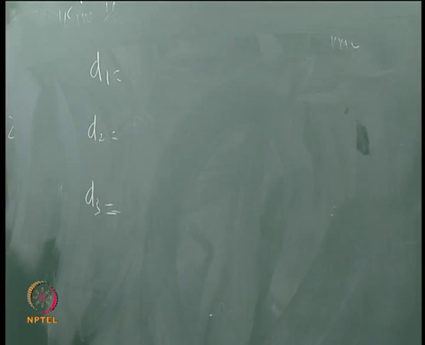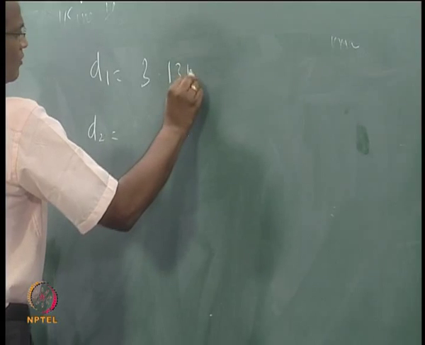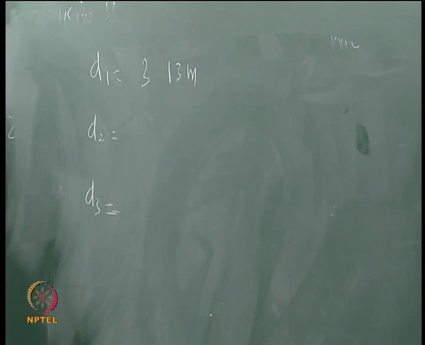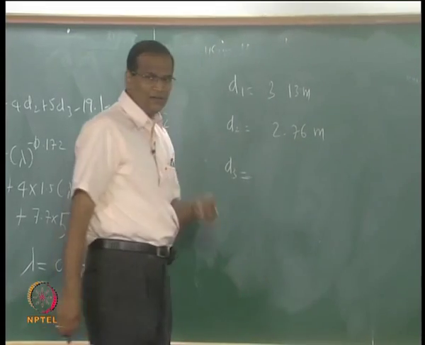Kaustubh, what is D1? 3.13. D2? 2.76. D2 is how much? 2.76. D3?